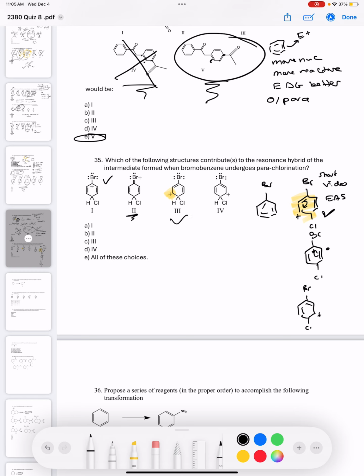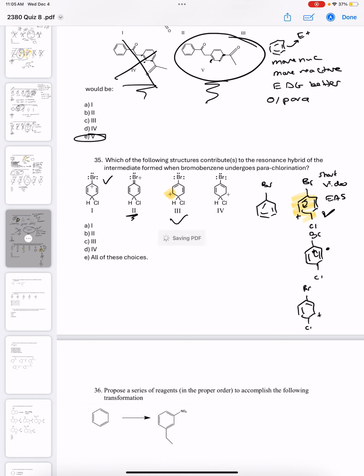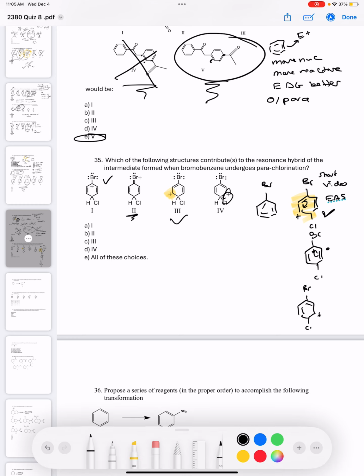So we have that one. And then right here on D, we have the carbocation right there. We have that here, so we have that structure as well. So just based on that, we have A, C, and D. So probably E is going to be your answer.